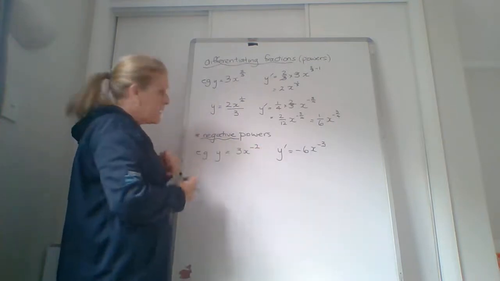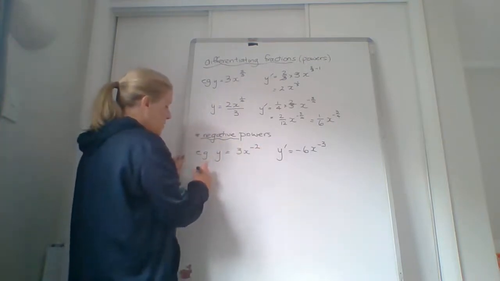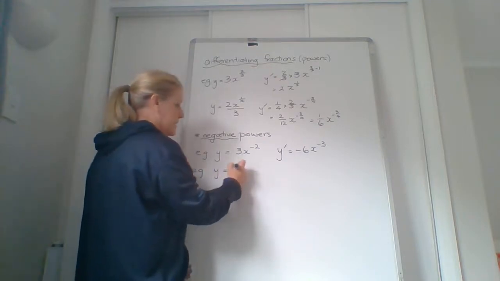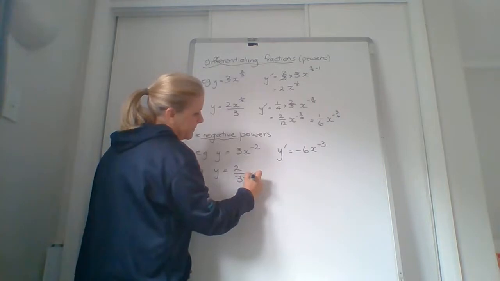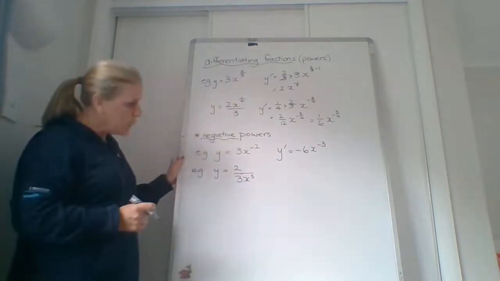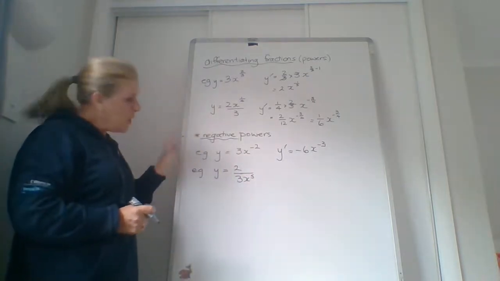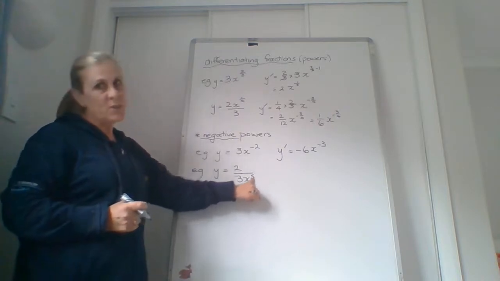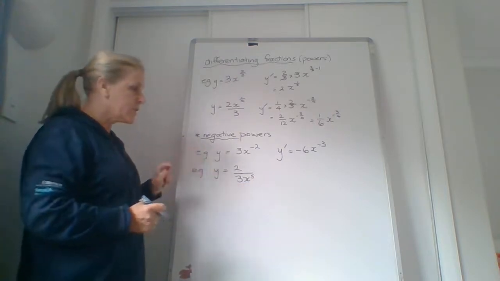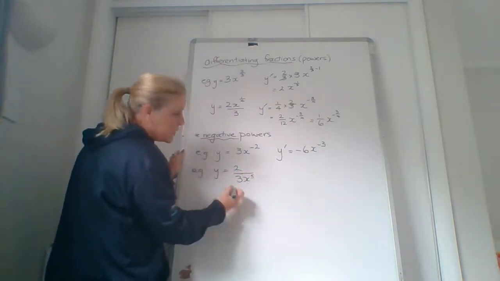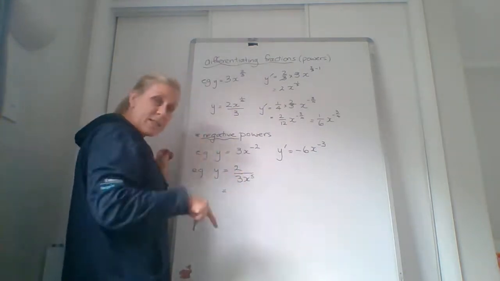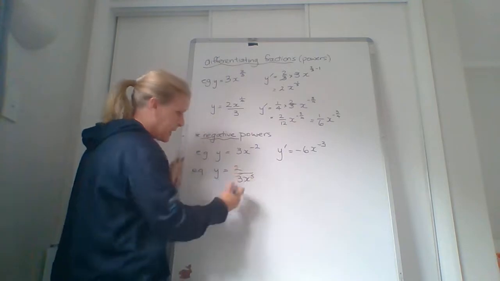That's an easy one, but more likely that question is going to be asked like this: 2 over 3x to the 5. We need to make sure that we can bring this up to the top. So last year when you were doing algebra, you learned how to deal with that. So we want to rewrite it first, always as x on the top, never leaving it down the bottom.